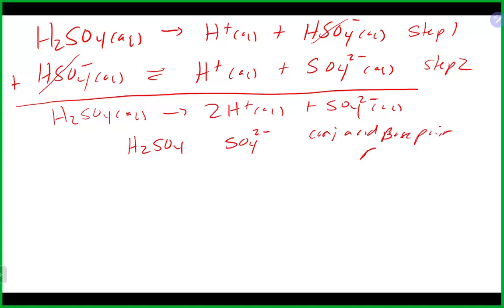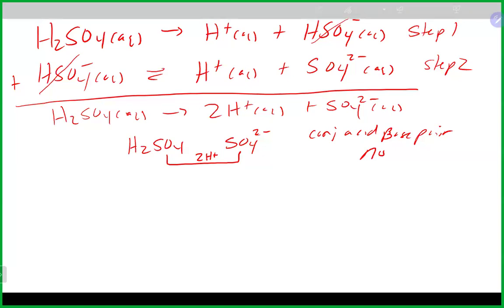The answer is no. They are not related to each other in the Bronsted-Lowry sense, because the difference between these two is 2 H pluses, and not just 1. So H2SO4 and SO4 2- are not related to each other.